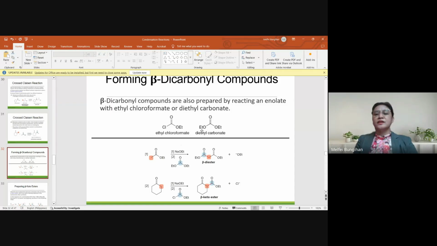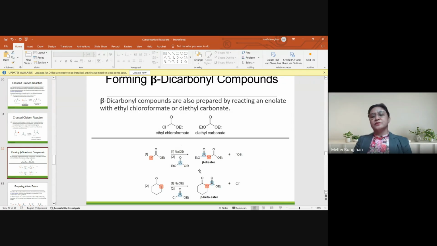Also here, diethyl carbonate is full of oxygens or electron withdrawing groups, making your carbon here, your carbocation, a good electrophile. So it's also possible to form beta dicarbonyl compounds this way.